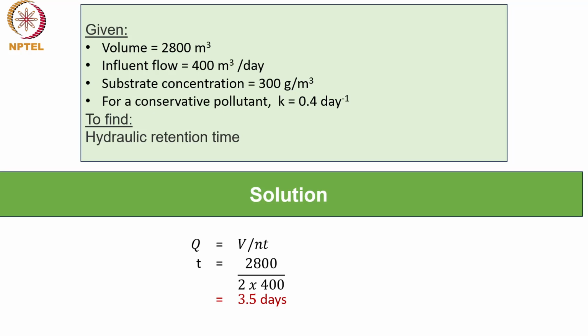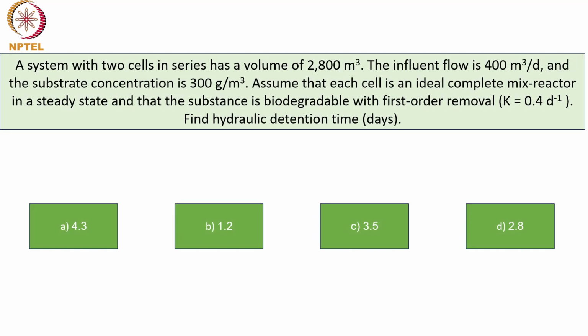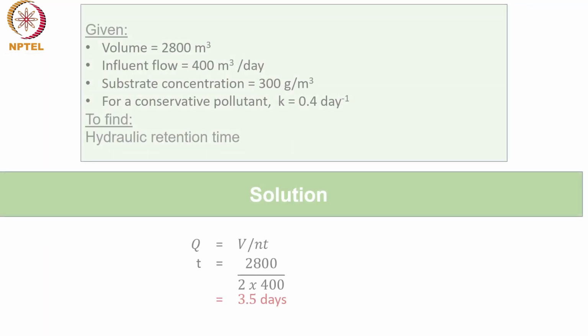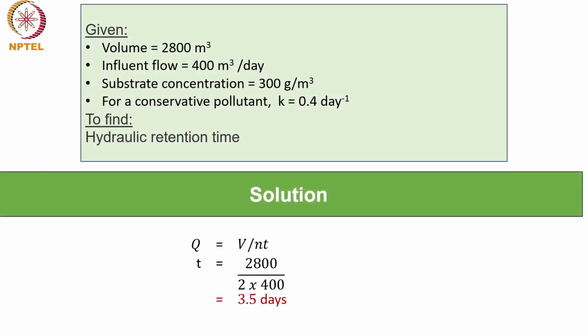Both these reactors are in series, no? Parallel. Because the flow is getting split into two, it is Q by 2. But both the reactors are in series, no?